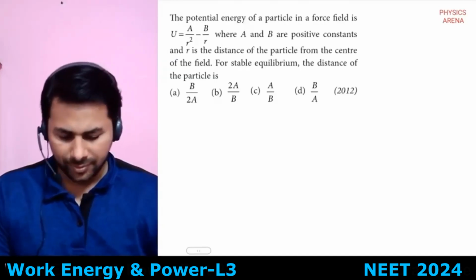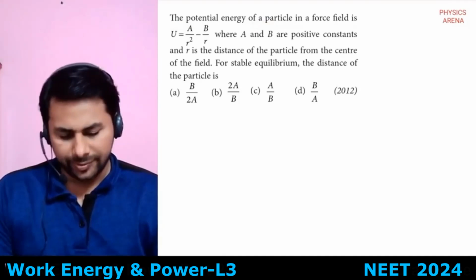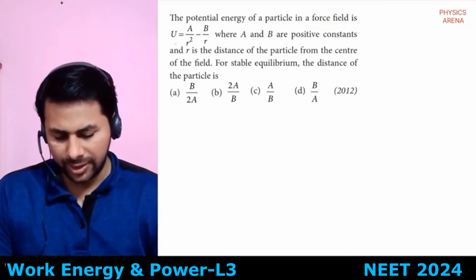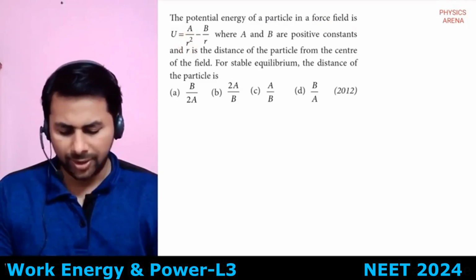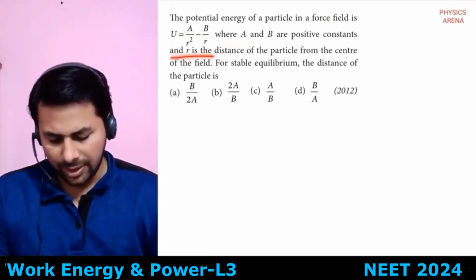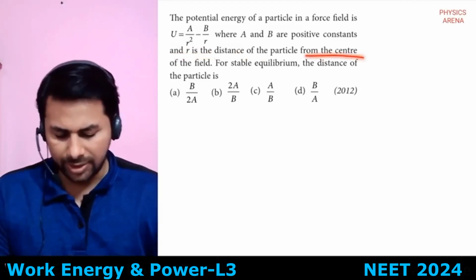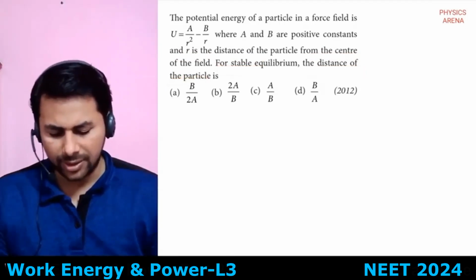Okay, next question. The potential energy of a particle in a force field is U equals A upon R square minus B upon R, where A and B are positive constants and R is the distance of the particle from the center of the field. For stable equilibrium, the distance of the particle is?